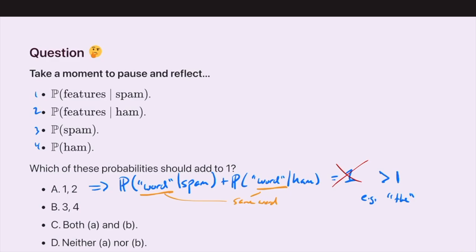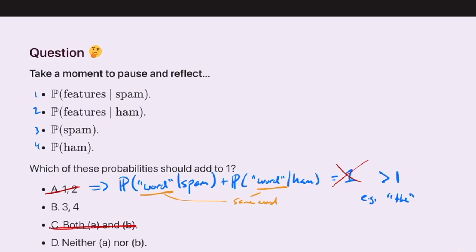So by that very case, let's say there's a 95% chance that the word "the" is in a spam email and a 95% chance it is in a non-spam email, that means the probability would be greater than 1. So that means that this is out, and that also means that this is out. So it's either got to be B or D.